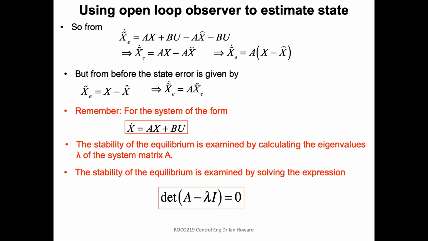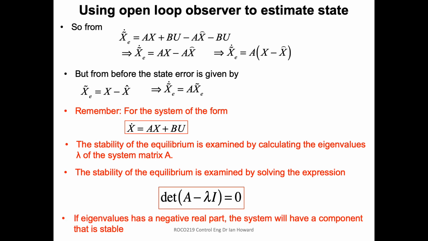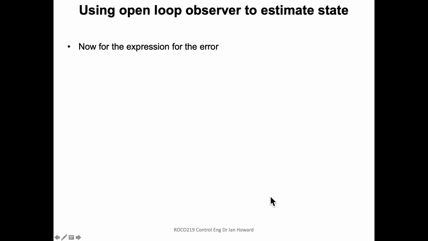So we need the equation such that the determinant of A minus lambda I equals 0, just like we always do, right?